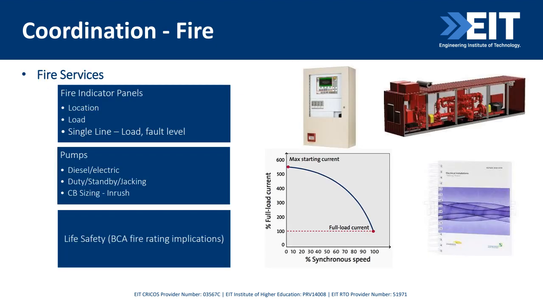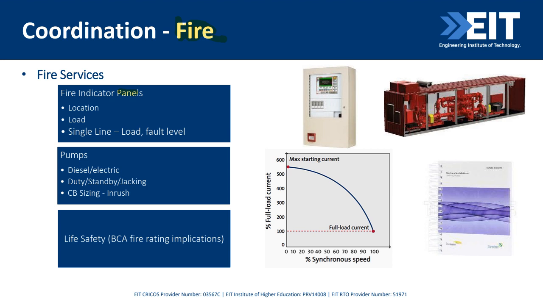All right, next discipline is fire. So typically this is fire protection when we say fire. So this is where we've got things, they provide fire indicator panels, pumps for sprinklers and deluge systems. So it's quite similar to mechanical in that we need to know where their equipment is so that we can provide power to it.